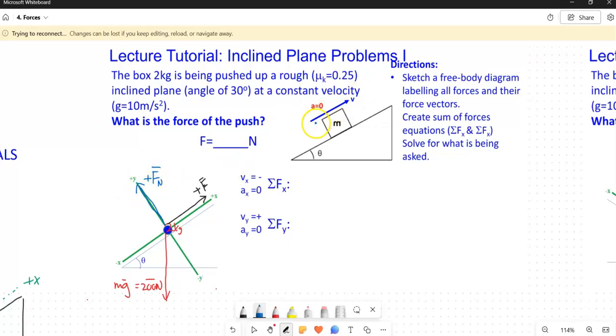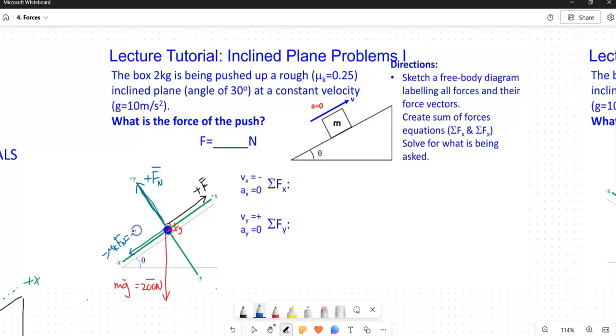And since the object is moving up and to the right, friction has got to be pointing opposite that direction, which is going to be negative mu sub k times the normal force, which is negative 0.25 times the normal force. That is our negative mu sub k, kinetic friction, since it has a velocity, times the normal force.